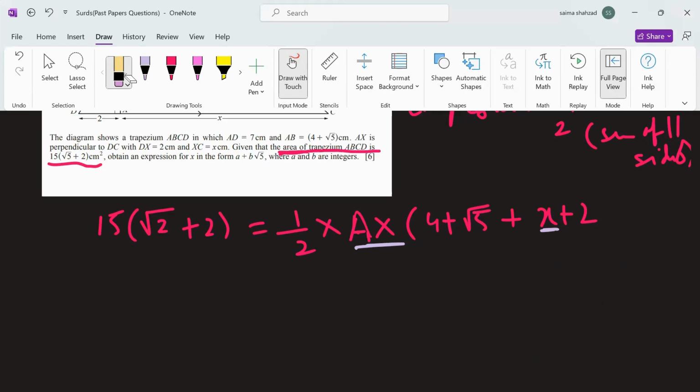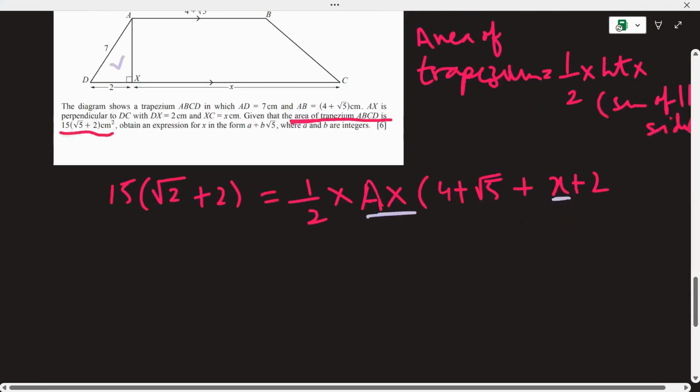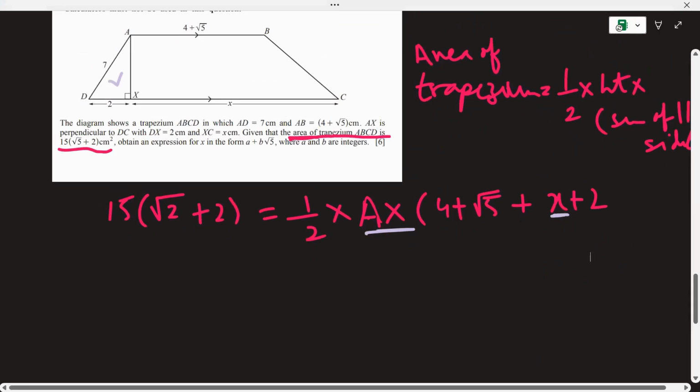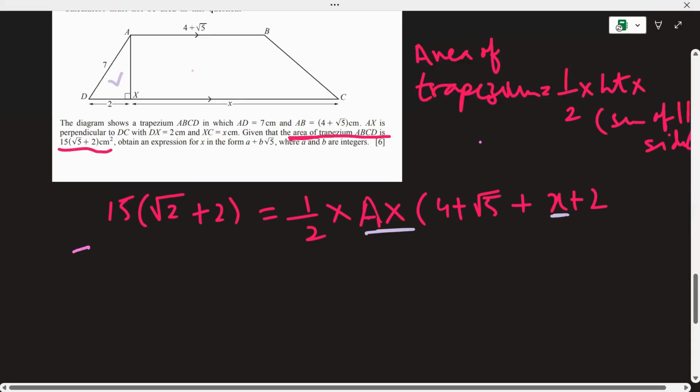We should use this space. Now you can write here: AD squared, 7 squared, is equal to 2 squared plus AX squared.